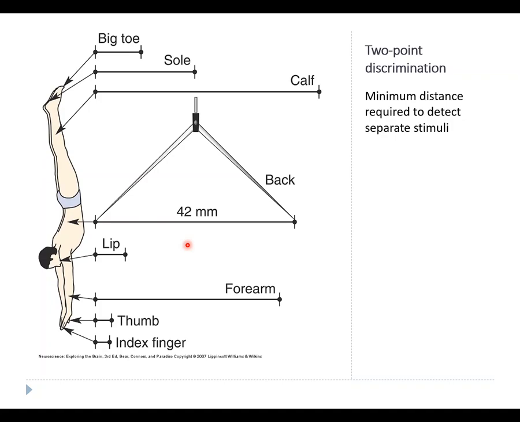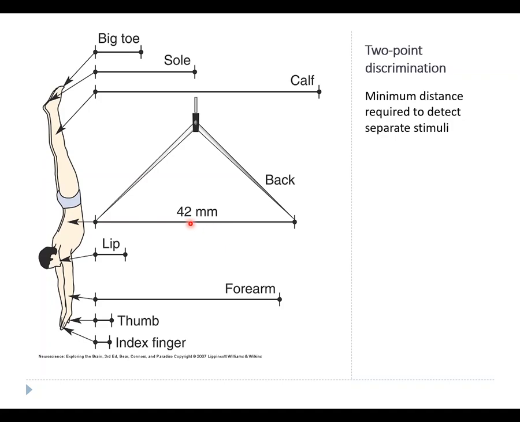And so what you can see here is that there's quite a bit of variation. The skin along the back, for example, has 2-point discrimination that's 42 millimeters apart in some places. So that means that any 2 points that are closer together than 42 millimeters, you would only perceive as 1 point.